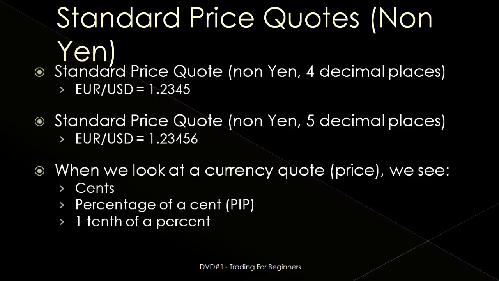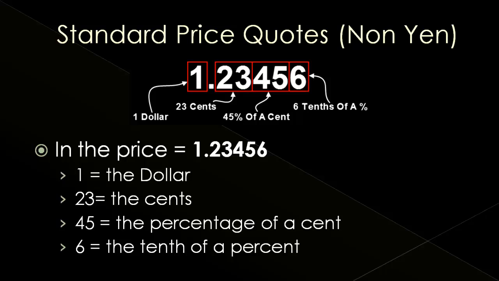Let's take a look at an image. So here you can see the price that we just discussed in the previous slide. The 1, circled in red, that is the $1. Then to the right of that, you've got 23 cents that appears after the decimal point. This 23 is in cents. Next, you've got percent of a cent. So we've got 45 in the block, and that means the price here is 45% of a cent.